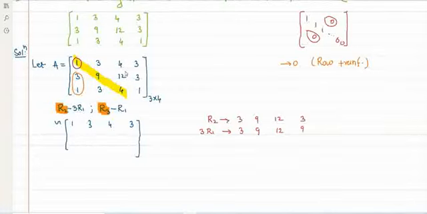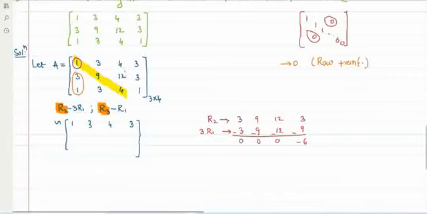9. Okay. And their subtraction. 3 minus 3, 0. 9 minus 9, if required you can write minus. 12 minus 12, 0. 3 minus 9, is it right? So the second row can be written as 0, 0, 0 and minus 6.